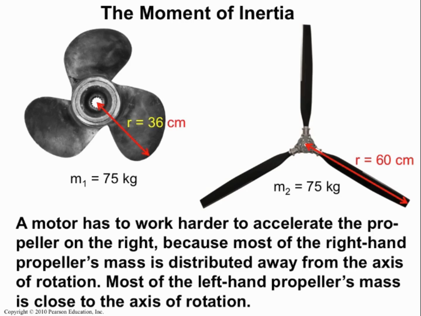So what you have to keep in mind when we're talking about the moment of inertia, and we are going to define this concept, right now I just want to set the conceptual foundation: the moment of inertia, or rotational inertia, how much an object resists rotation, depends on its mass, and also how much of that mass is far away from the axis. So it depends on mass, radius, and the distribution of mass away from the axis of rotation.